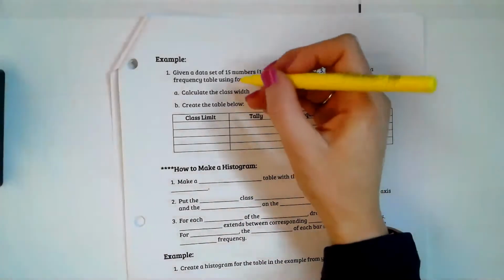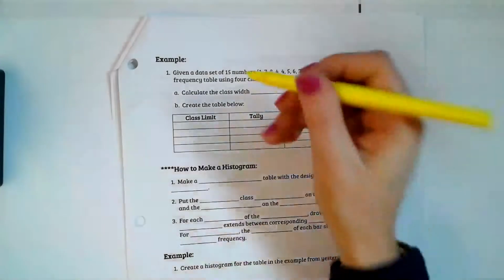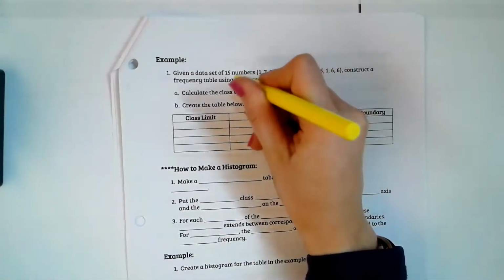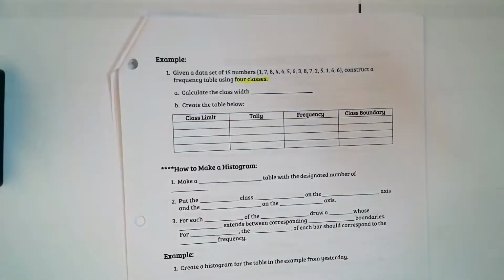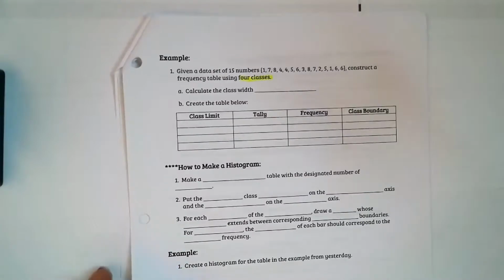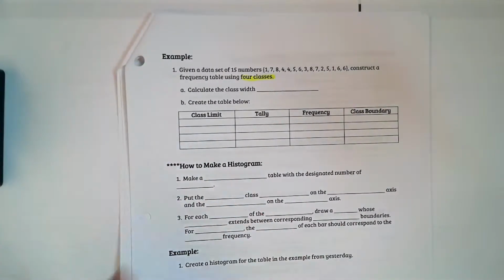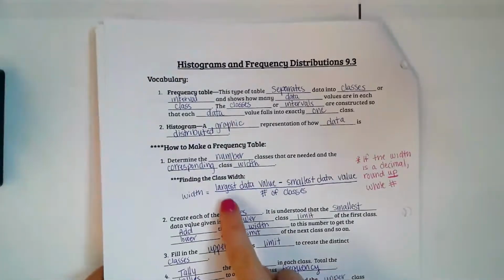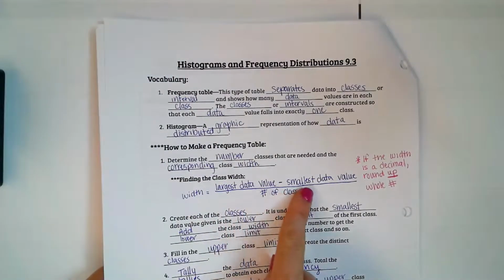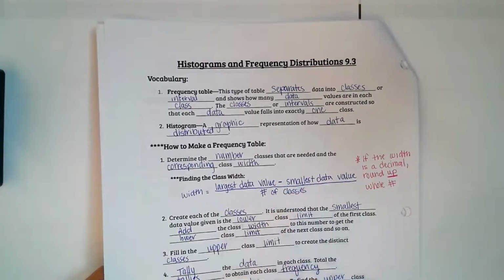Like I said, they should tell you that information. To figure out the class width, you're going to take the largest data value and subtract the smallest data value from that.